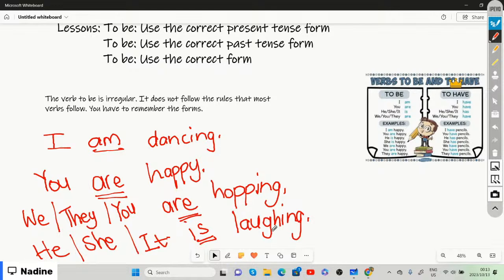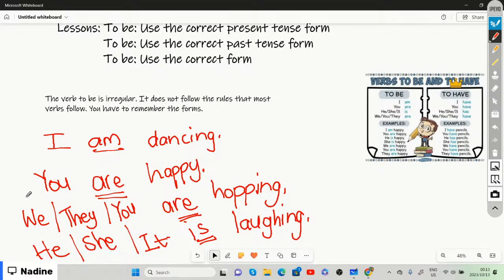Or we can say she is laughing, or it is laughing or yawning, right? So these are basically our verbs to be, right? These are our verbs to be. And we basically remember these verbs, which is either am, are, or is.